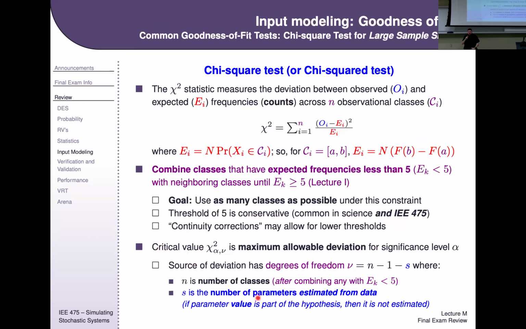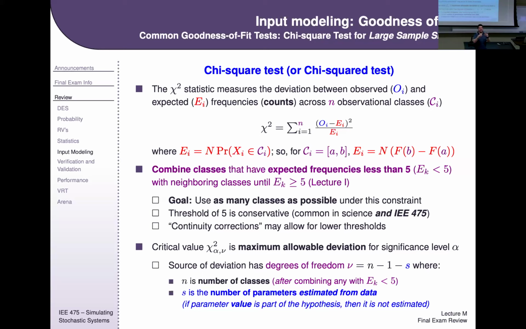Chi-squared test. So know how to do a chi-squared test for a general distribution. The big difference between this and a uniform distribution is you have to calculate the expected outcomes for every bin. Know that you also have to regroup bins together. If any of the bins have an expected count less than 5, then you should find an adjacent bin and group it with that until you get a bin that has 5 or greater.